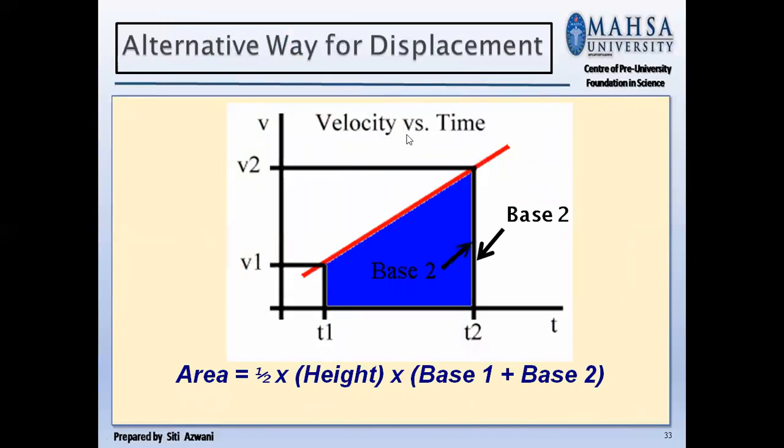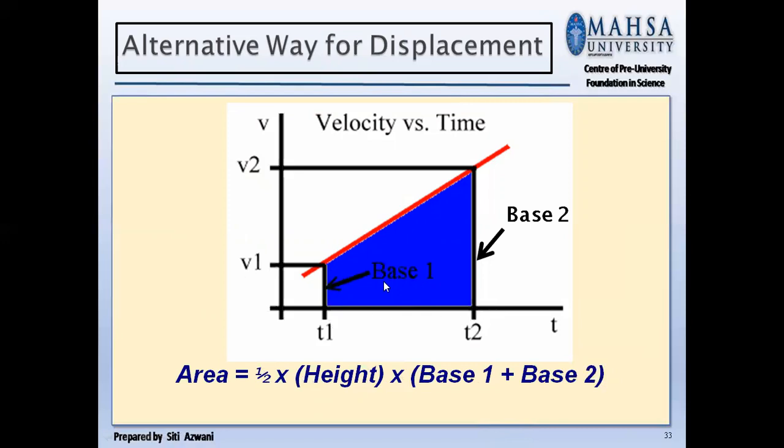Again, when you have a velocity versus time graph, you can calculate the area under the graph, which is equal to the displacement. Here you use the trapezium method, an alternative way to calculate the area under the graph. The formula for the trapezium is half times the height times base 1 plus base 2.